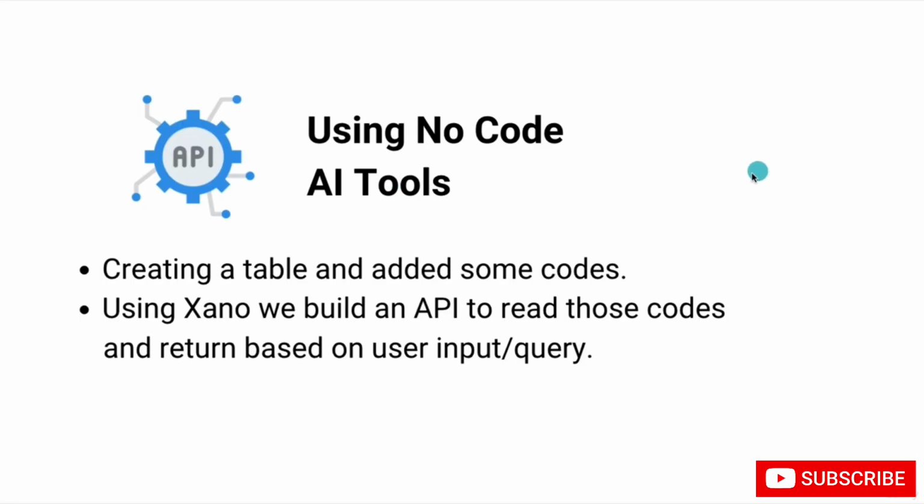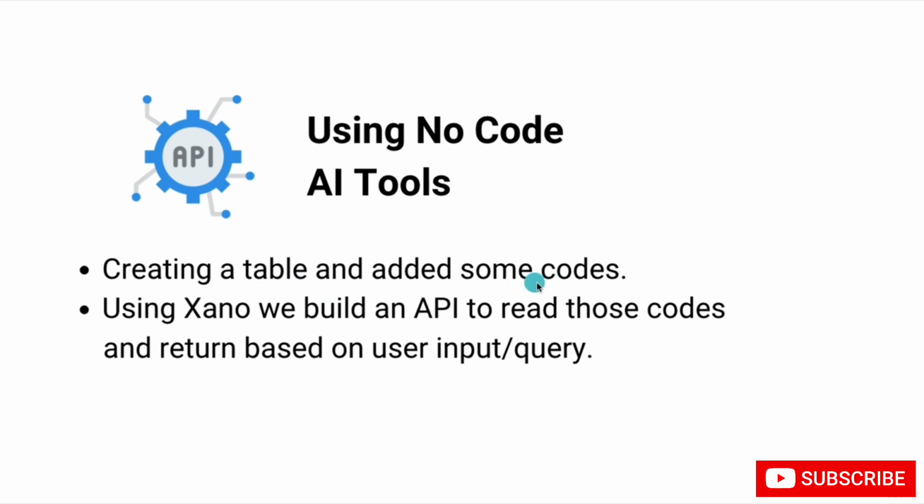So guys, in this way we have taught you how to use no code AI tools. There are various other tools, and we will explore others as well in future, but these are the AI tools and how they work. Simply, we created one table, and inside that table we put some data, and everything we did inside one database, as I have shown you.